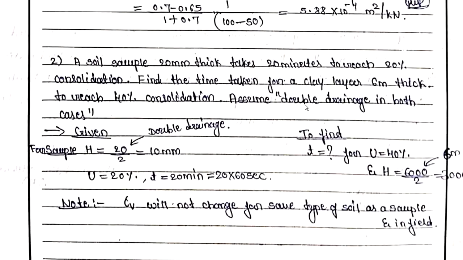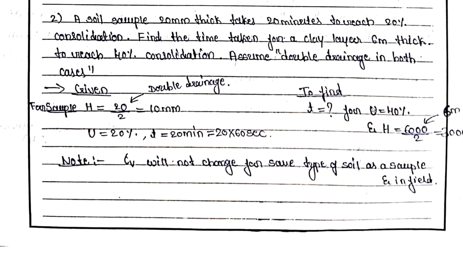Next, we have to find the time taken for 40% consolidation for a soil layer having 6 meter thickness, that is 6000 divided by 2, which gives us 3000 mm. Now, for a particular type of soil, CV will not change.